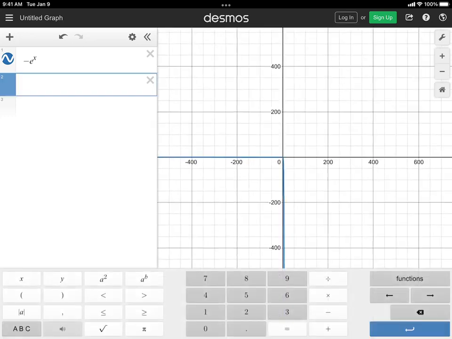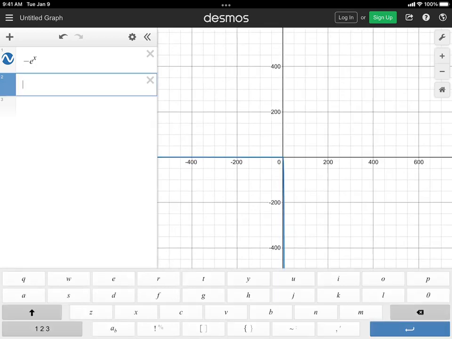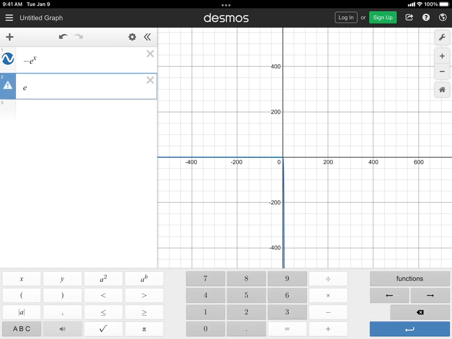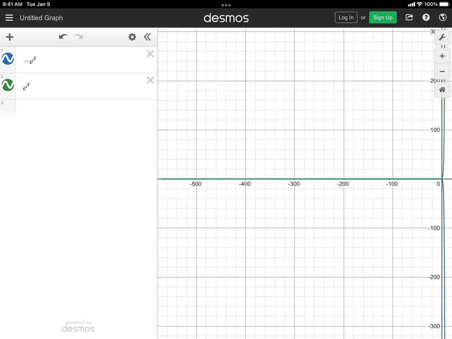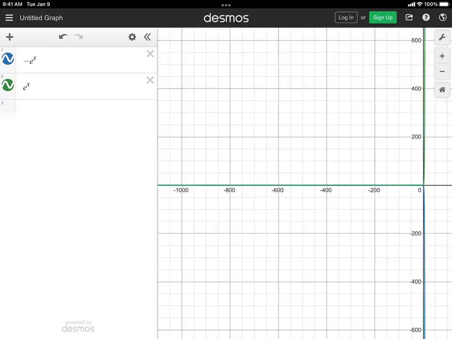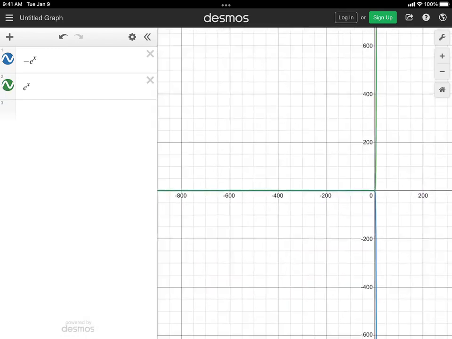And then with positive e to the x, we get a similar phenomenon. So if we do e to the positive x, well, again, in this green graph, as x gets smaller and smaller, this thing is going to go to 0.